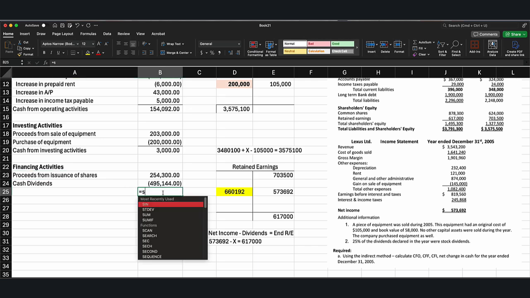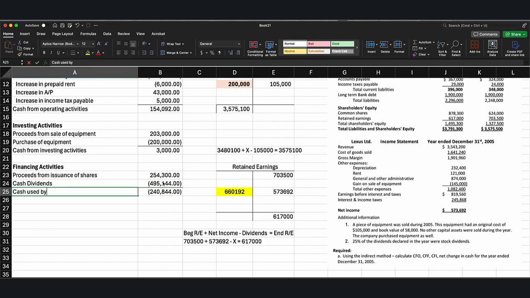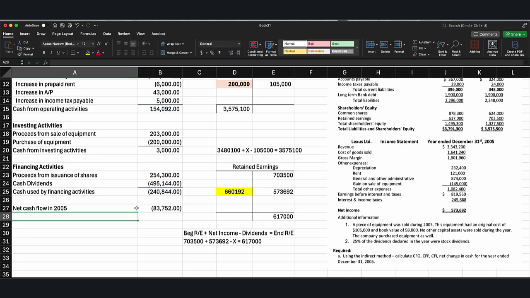Now it's the moment of truth. If we add these two, we get our total. So it's negative. I'm going to write cash used by financing activities. Now I want my net cash flow in 2005. This plus this plus this. Your three totals basically. So if I add all those up, my net cash flow in 2005 is negative 83,752, which means technically my cash should have decreased by this much.